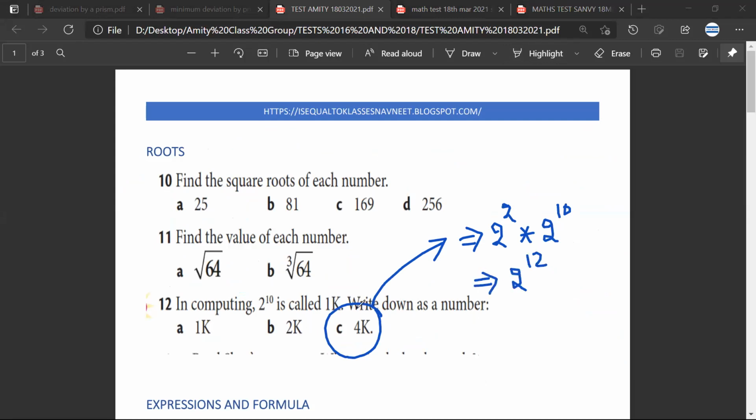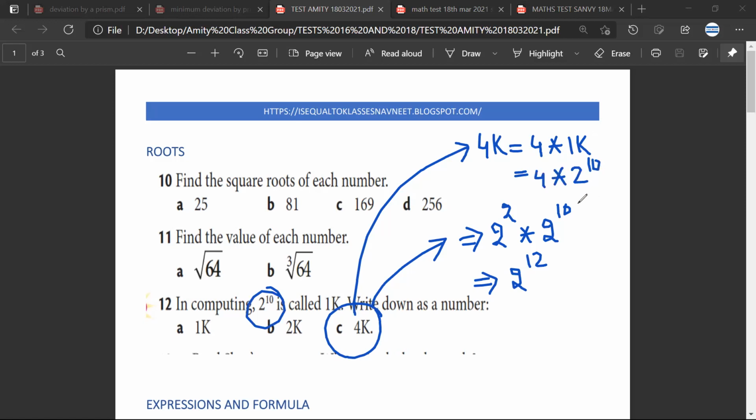Shabash. Anytime you are confused, you can write this 4k as 4 into 1k. And you know that 1k is 2 raised to power 10. So this will be 4 into 2 raised to power 10. And then you can follow this method. Sani, any doubt? No, sir. Yeah, good.